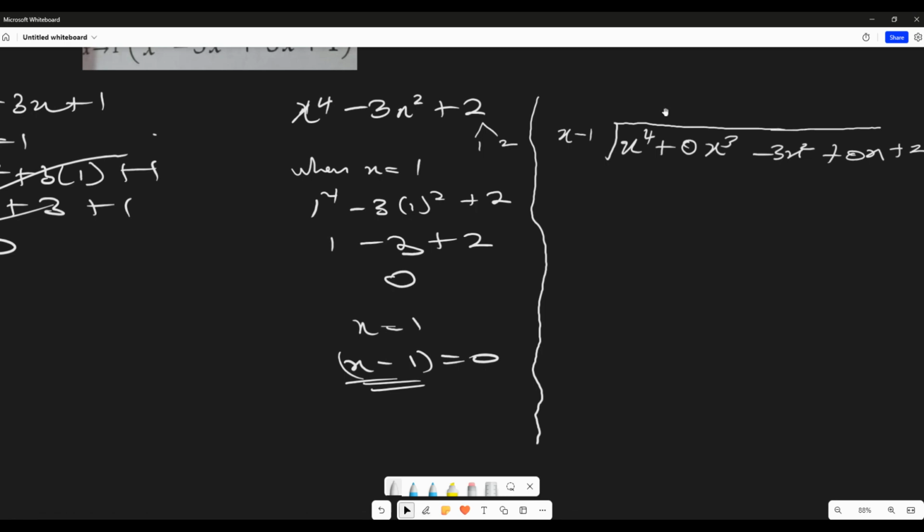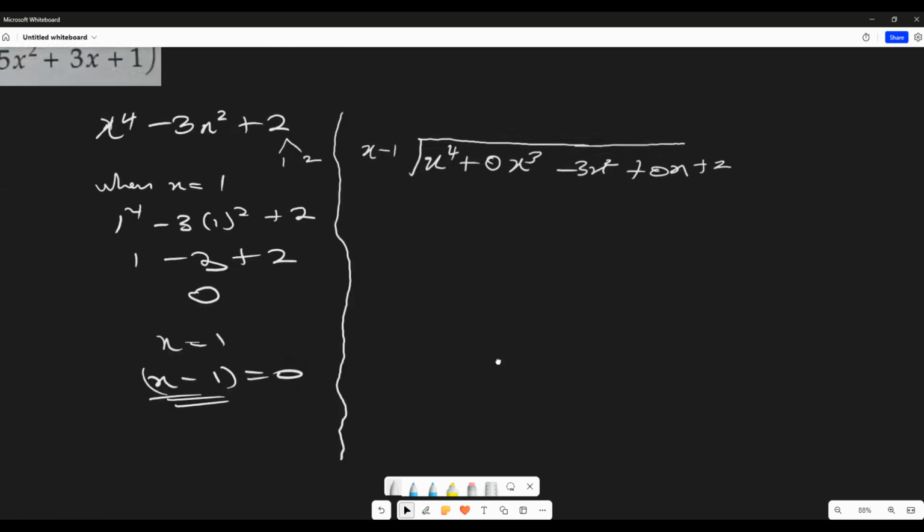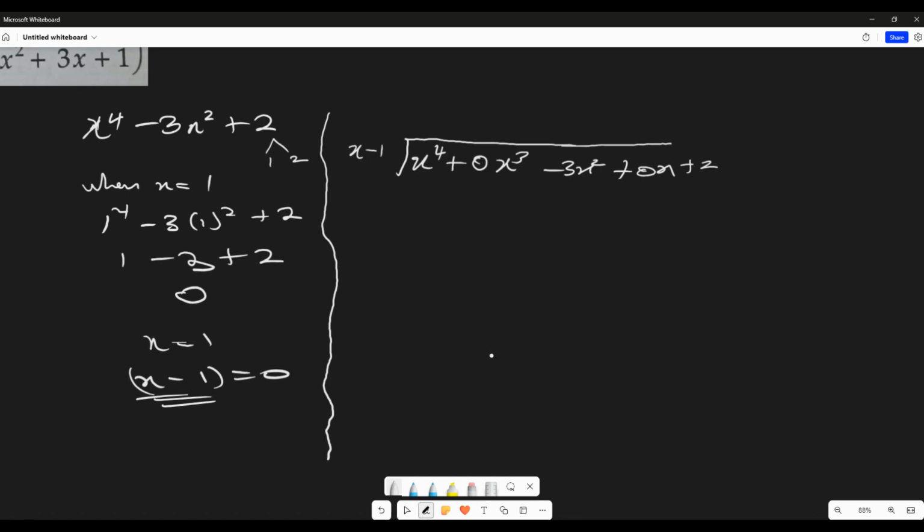Then let's start with the long division. x goes into x raised to the power 4, x cubed times. So write it here. Then we'll multiply back. We'll have x cubed times x, which will give us x to the power 4, and multiplying this will give us minus x cubed. Then we'll perform the first subtraction.